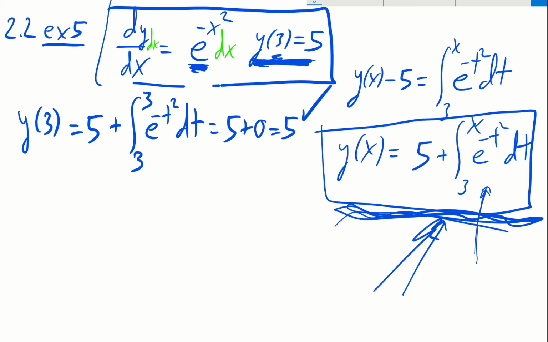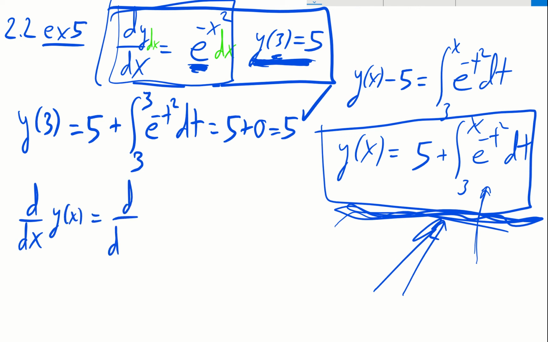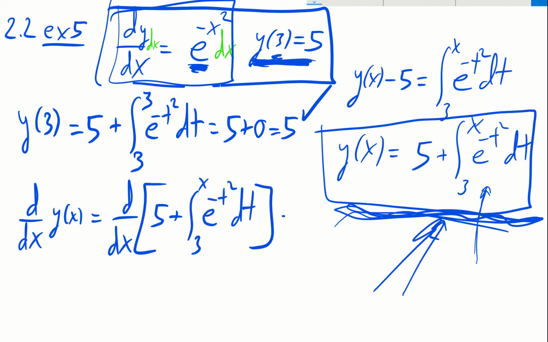The only other thing we need to see is, does the derivative of this function give us e to the negative x squared? So if I take the derivative with respect to x of y of x, this is equal to d dx of 5 plus the definite integral from 3 to x of e to the negative t squared dt.